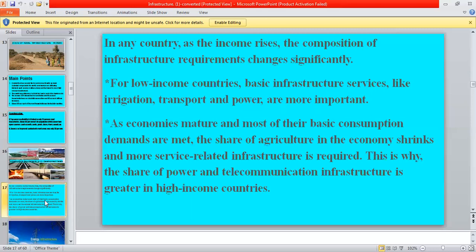Now, what is adequate infrastructure? If the country is not very economically developed, basic infrastructure like irrigation, transport, and power is sufficient. But as the country starts growing, as the income of the people starts rising, the composition of infrastructure requirement changes.